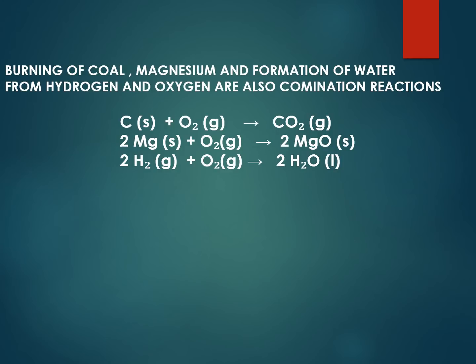Magnesium burns in oxygen to give magnesium oxide and a bright white dazzling light is produced. The equation is 2Mg plus O2 gives 2MgO. This is an important reaction. Hydrogen burns in oxygen to produce water. This reaction can be depicted as 2H2 plus O2 gives 2H2O. So all these are examples.